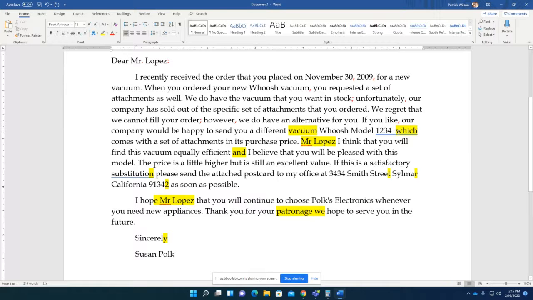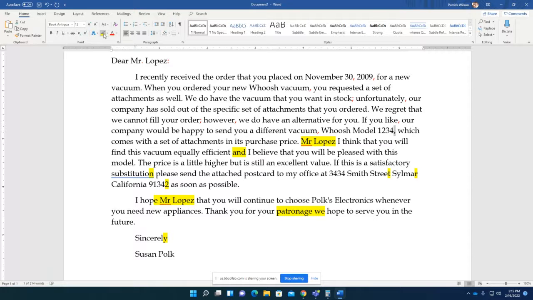And then here, because we have which, a relative clause, you basically need a comma before Whoosh. And since we're using which, you need a comma before which. And that would solve that issue.